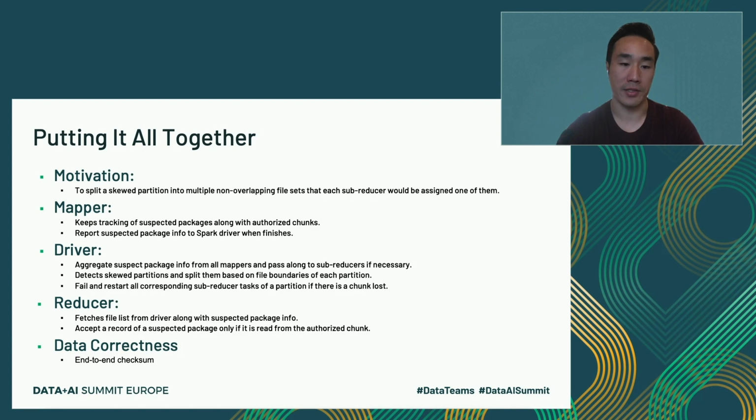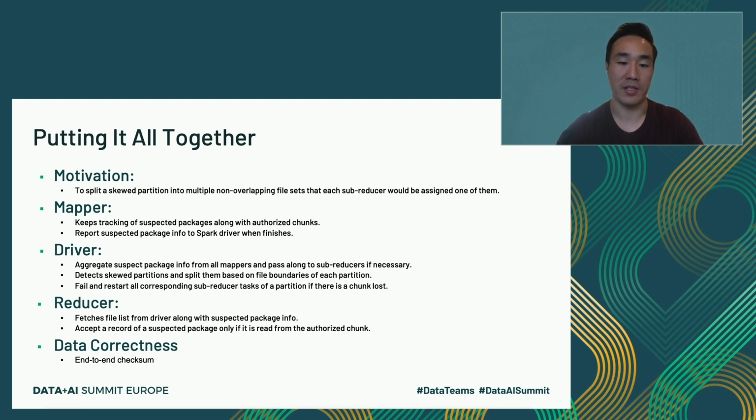Putting it all together, the motivation of this change in Cosco is to make Cosco work with Spark skew mitigation by splitting a skew partition into multiple non-overlapping file sets, where each subreducer will be assigned just one of them. To achieve that, each mapper will keep track of suspect packages along with authorized chunks and report suspect package infos to the Spark driver when finished.